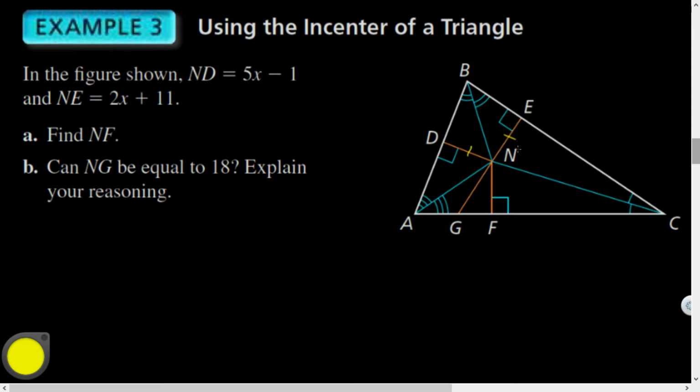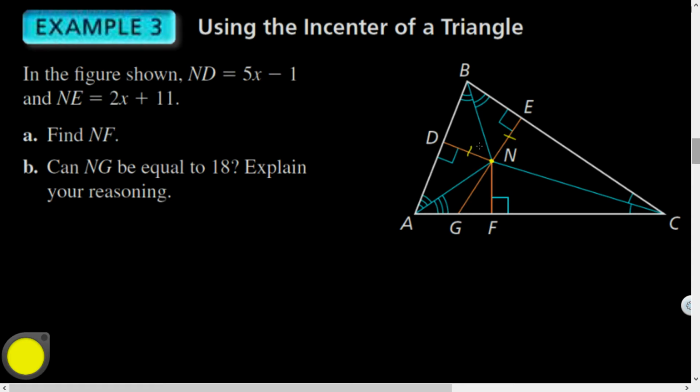Now, I'm expecting these are going to be congruent. Why? Because BN is an angle bisector, CN is an angle bisector, AN is an angle bisector. They're all concurrent at point N, and therefore point N is going to be equidistant to the 3 sides of the triangle. Wow, look at that.